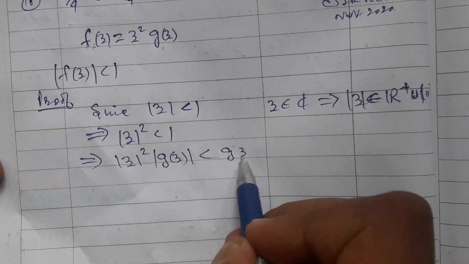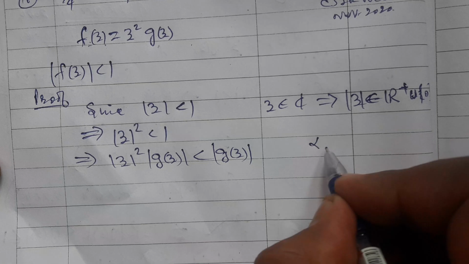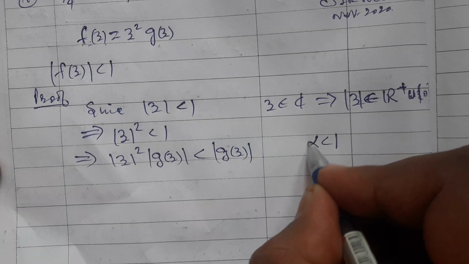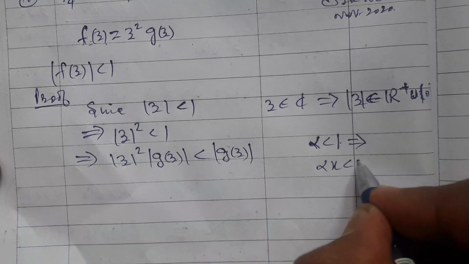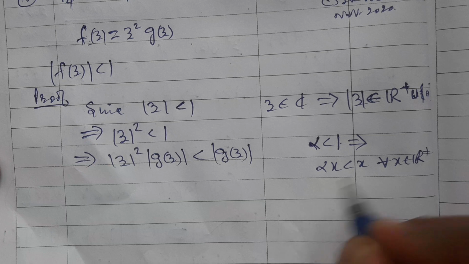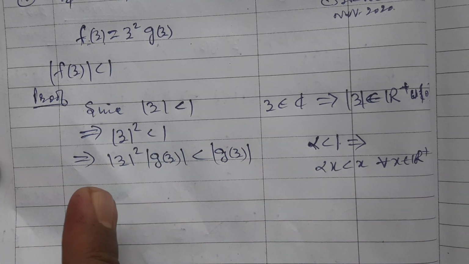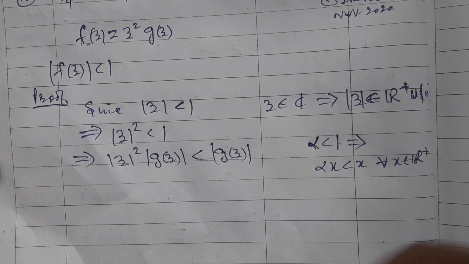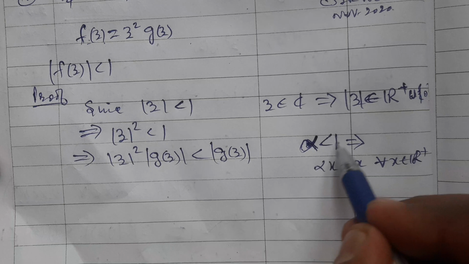I hope you know that if alpha is a positive number less than 1, then alpha x is less than x for every positive x. Here alpha is a non-negative real number less than 1.